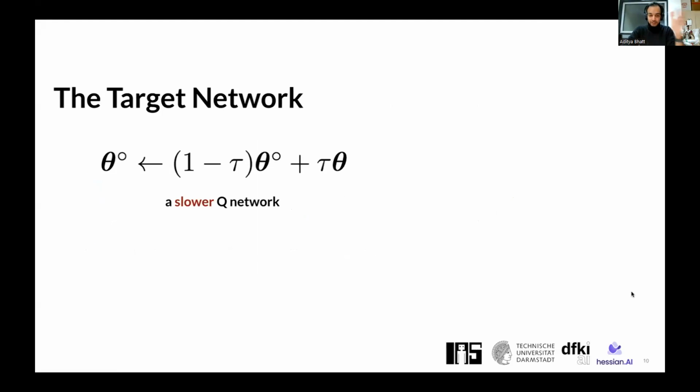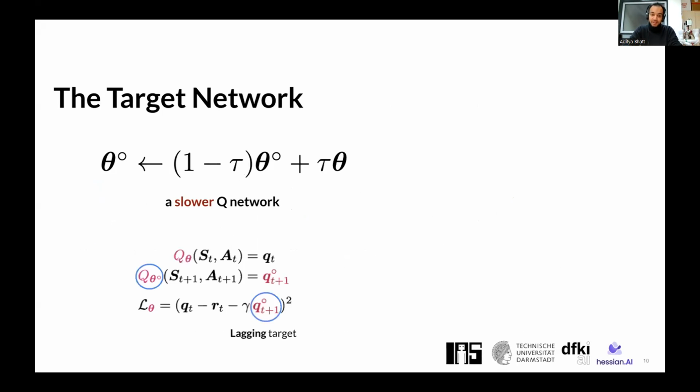So the target network, you can think of it as a kind of slower time-varying copy or version of your live Q network. And here, tau is going to be something less than 1. So this is like a Polyak average, or a moving average, or a low-pass filter.